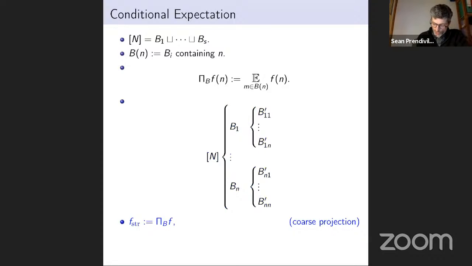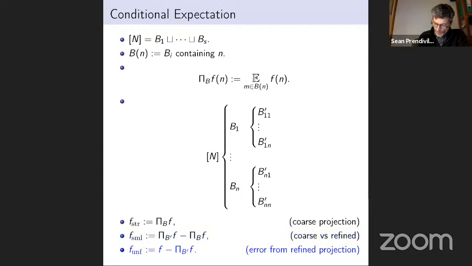And we're going to define our structured part to be a coarse projection. We project our function with respect to this coarse partition. The small part is going to be the difference between the projection onto a refined partition and the projection onto the coarse partition. And the uniform part is going to be the function minus its refined projection.